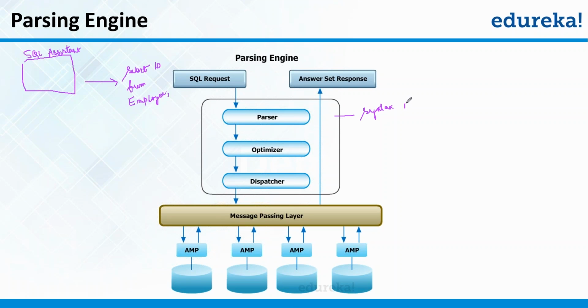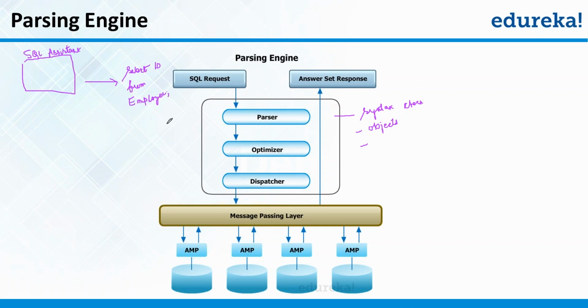When this gets submitted, what do you think logically should be the first step? The first step should be to parse and check whether it is syntactically correct or not, right? So the first step here in the parser should be a syntax check, which is exactly what happens here.